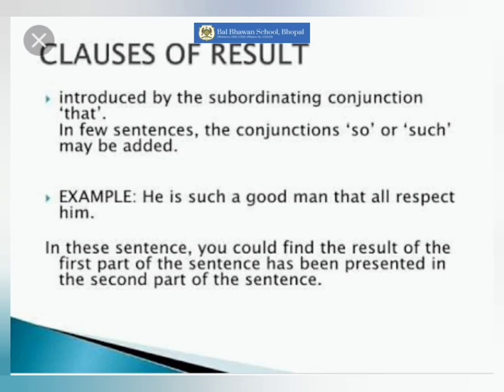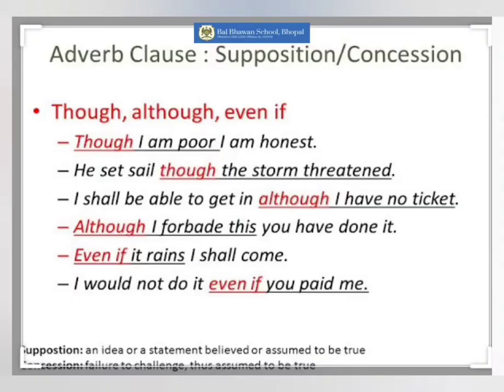The chief conjunctions used to introduce adverb clauses of result are so that, in order that, and such that. He spoke loudly in order that everybody would hear him. She was so weak that she couldn't walk. The next adverb clause is the adverb clause of supposition.